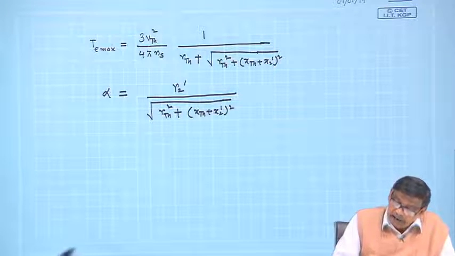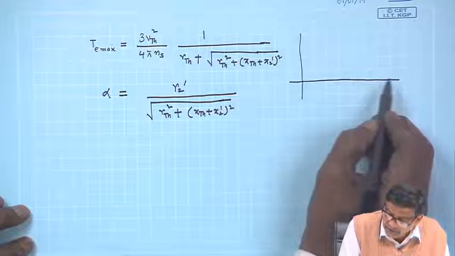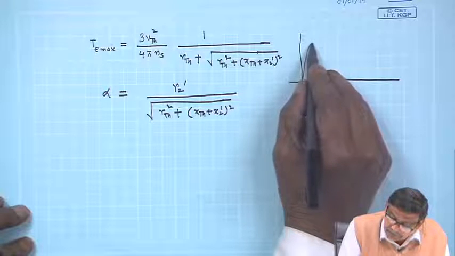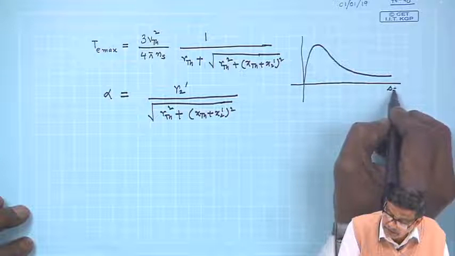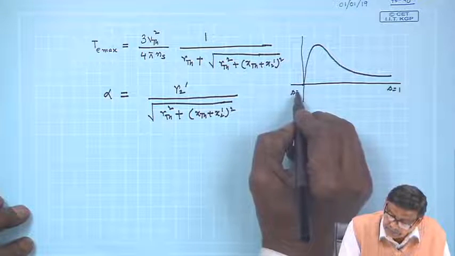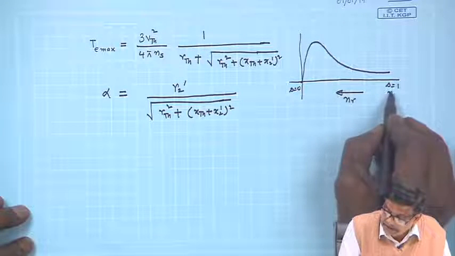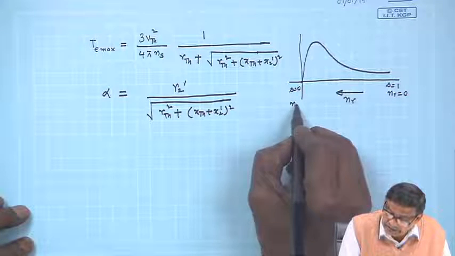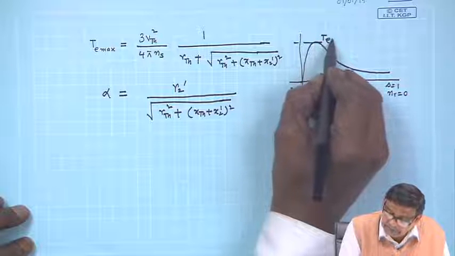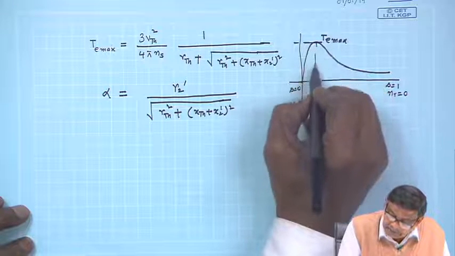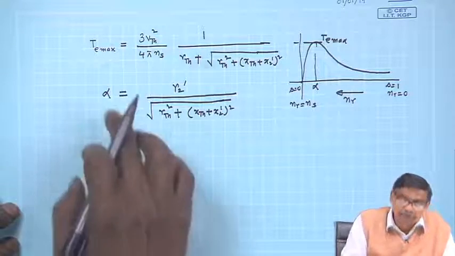Now, the typical torque slip characteristics we always draw will be something like this. Here it is s equal to 1, here it is s equal to 0, and speed is this way, which is nr equal to 0, and this is nr equal to ns, and this is T max, and this is the value of slip at which maximum torque occurs, and these are the expressions for that.